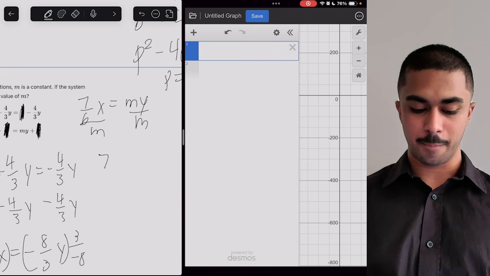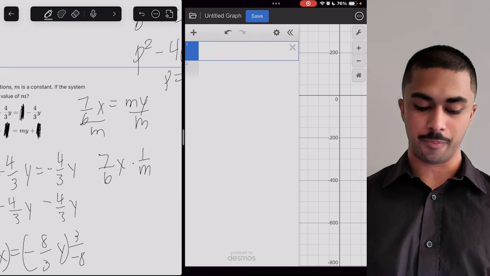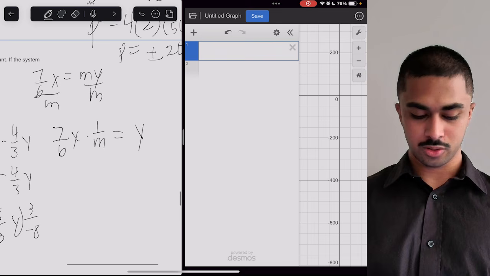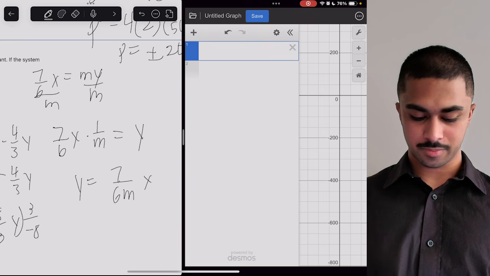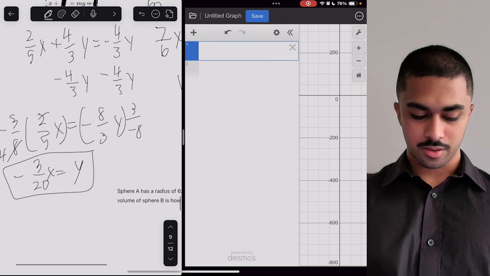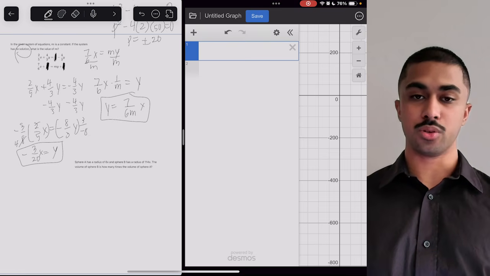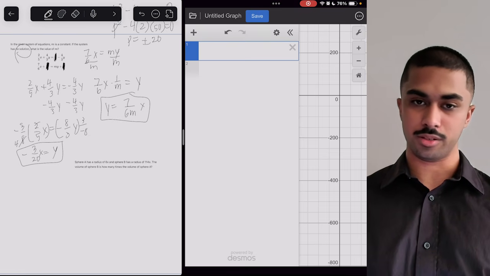So dividing by m is the same thing as multiplying by 1 over m. Okay. So really y is just equal to 7 over 6m x. These are our two equations without the constants.